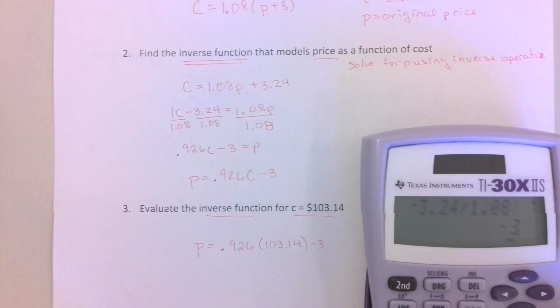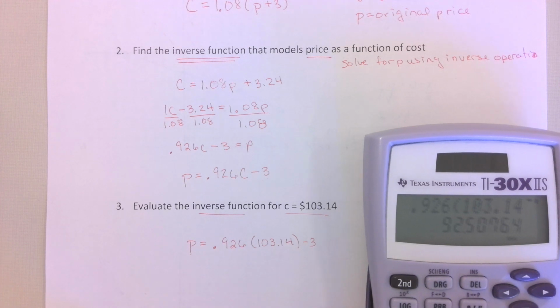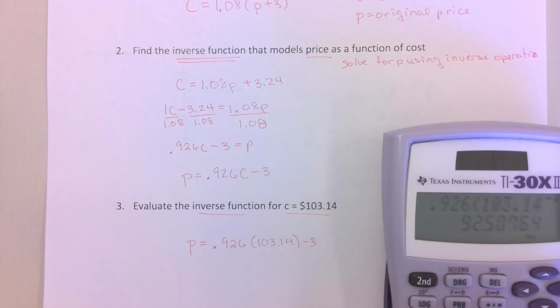All right. Calculator's a little blurry, but we'll work with it. So 0.926 times 103.14, and then I'm going to subtract 3. And we get a grand total of $92.51.